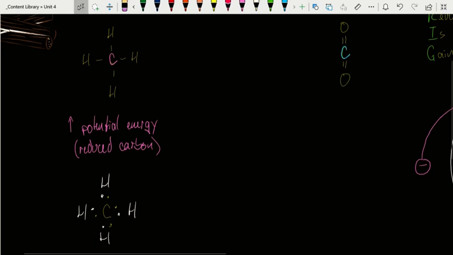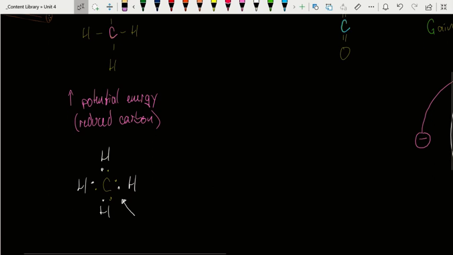In these cases, look at that bond. How would you describe that bond? Because the electronegativities between carbon and hydrogen are relatively similar, we're going to call this a non-polar covalent bond. Non-polar because they are shared equally.